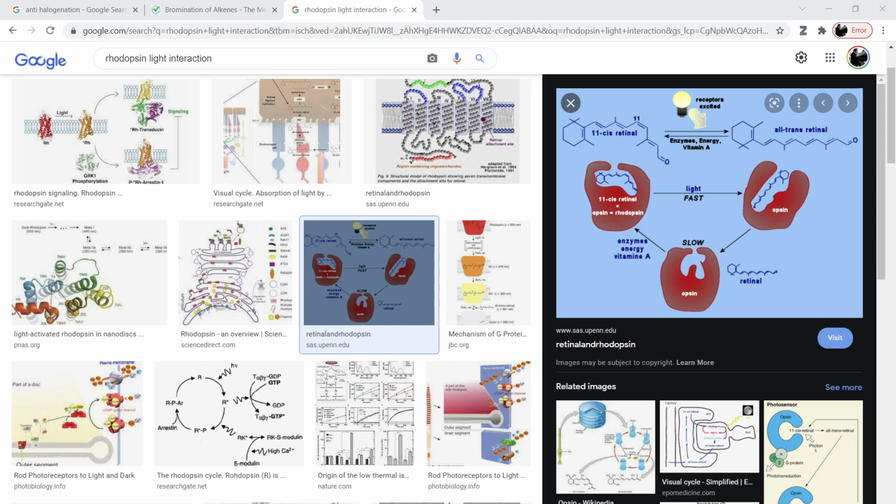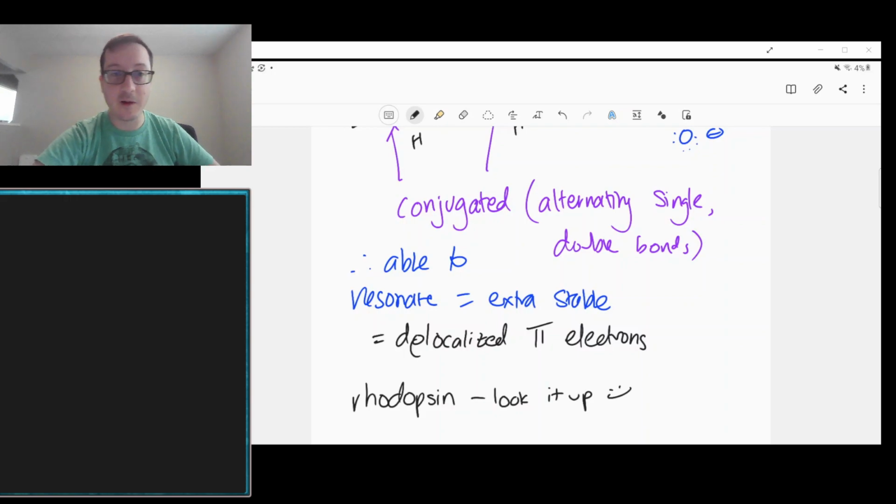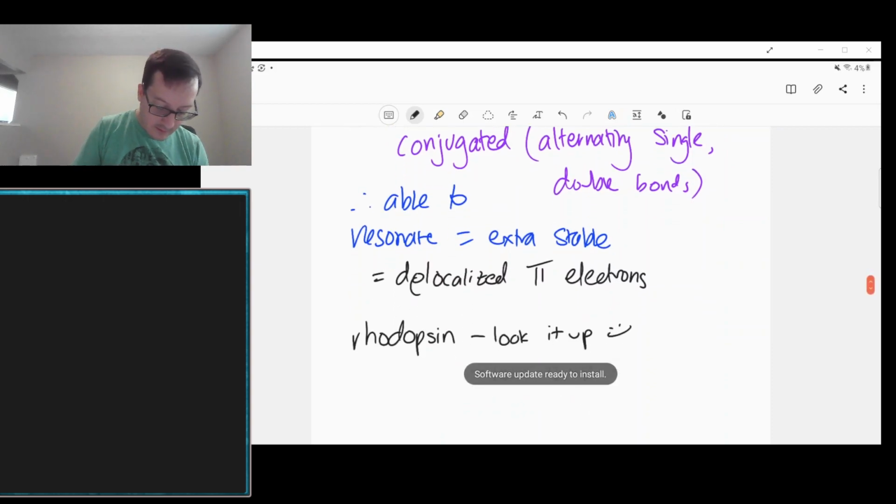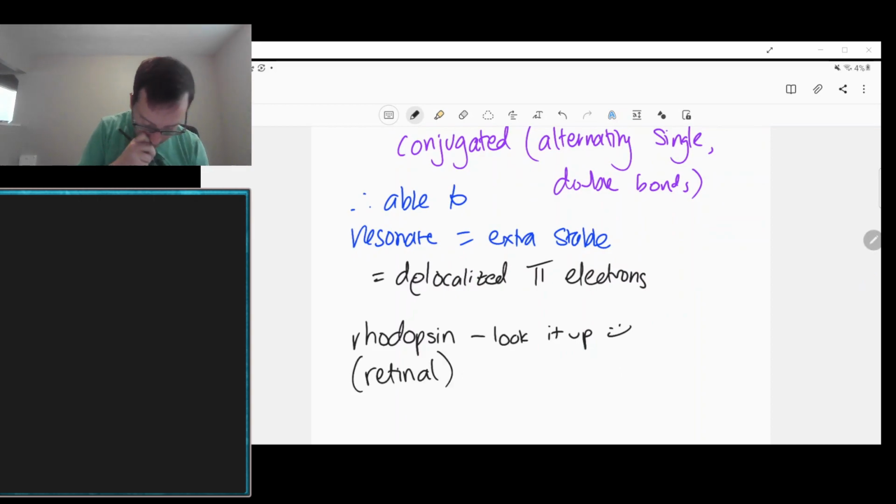So just because the double bonds can't rotate, as soon as you break the double bond and allow it to rotate, then you have a change in shape. Change in shape can be detected, and so you get interesting, good stuff there. So, I guess that was retinal. Rhodopsin is part of the protein.